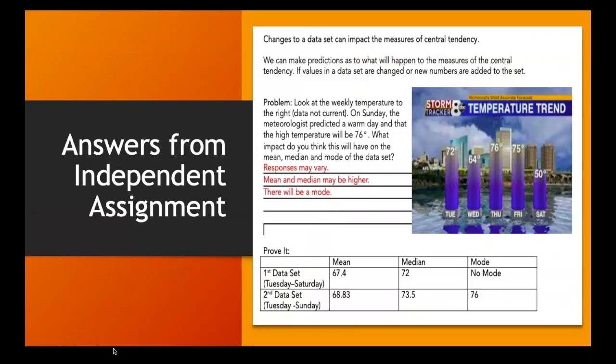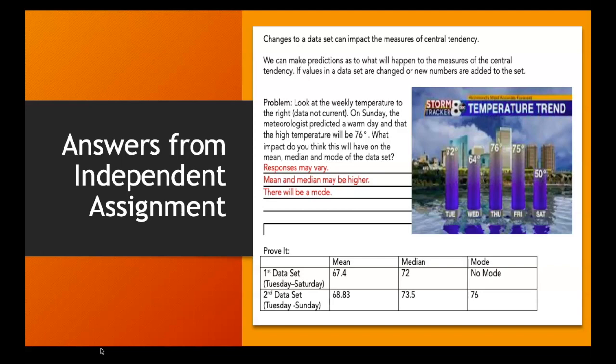We will begin with going over our answers from the independent practice from yesterday's session. The problem states, look at the weekly temperature to the right. On Sunday, the meteorologist predicted a warm day and that the high temperature will be 76 degrees.